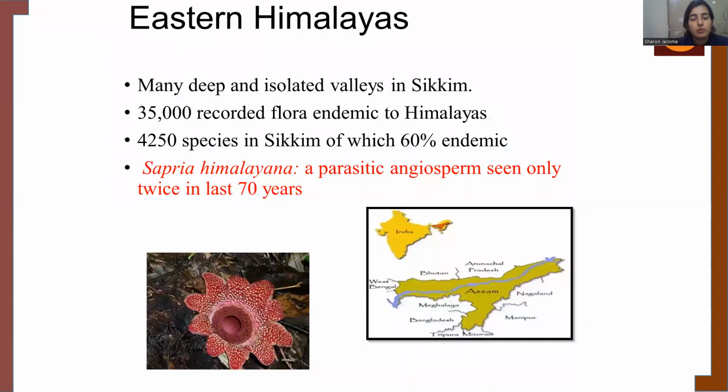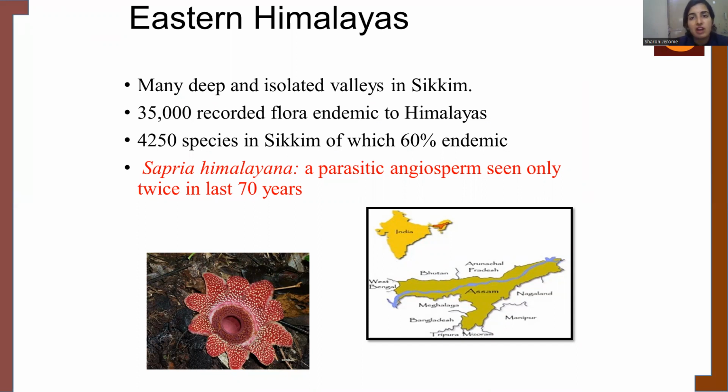When we talk about the Eastern Himalayas, the image shows how they are located. Here 35,000 recorded flora, in the sense of plant species, are endemic to the Himalayas. There are 4,250 species in Sikkim, of which 60% are endemic.